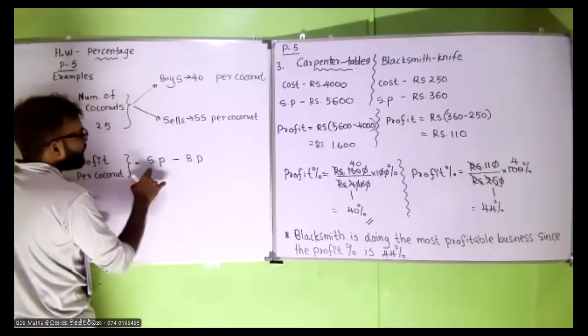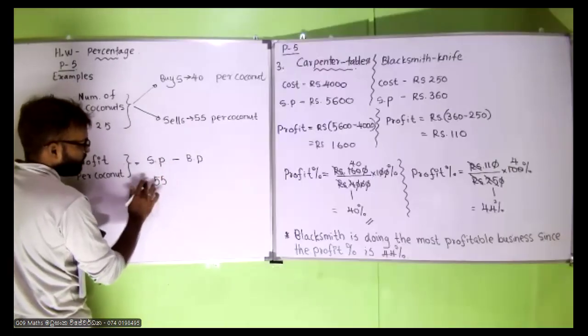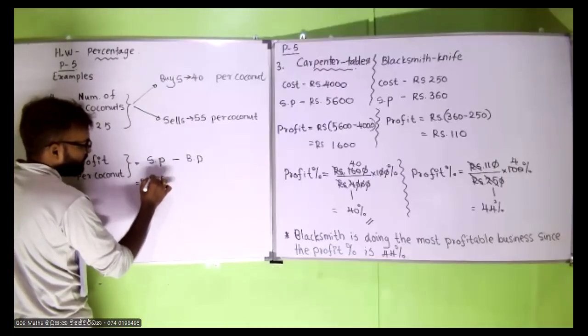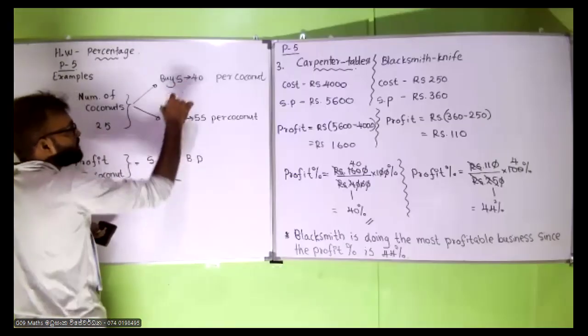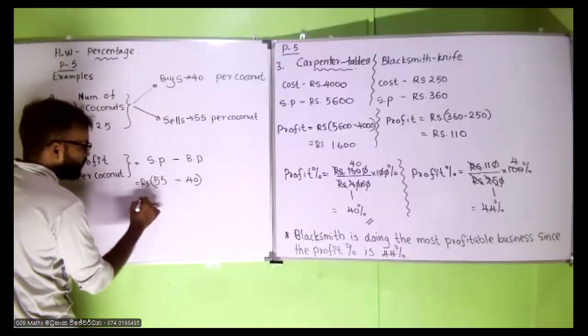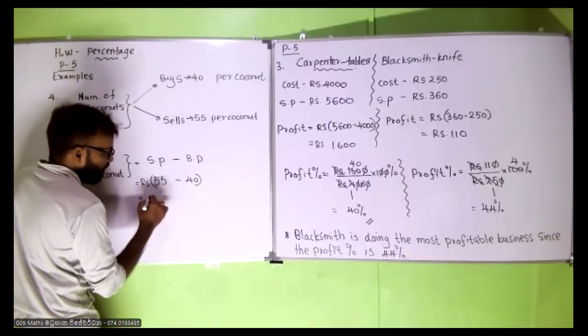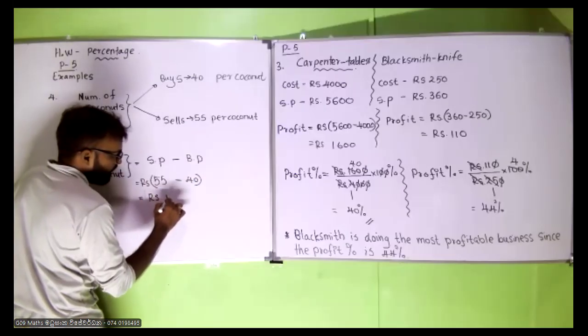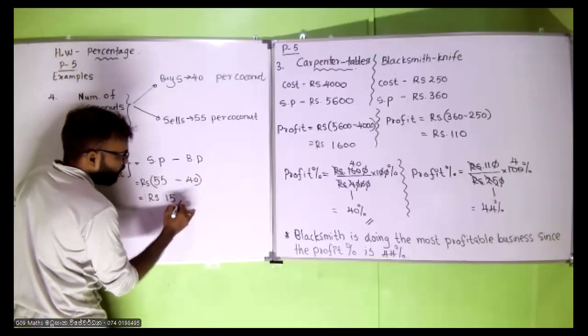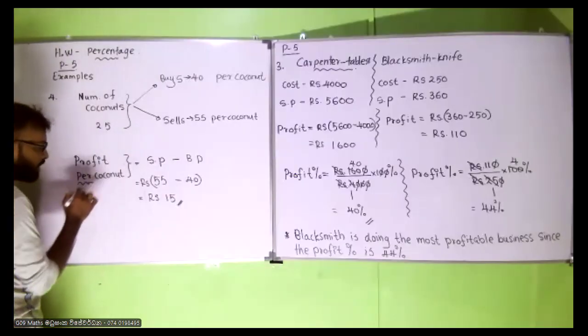Selling price of a coconut is 55 rupees, minus buying price, which is 40. So by selling one coconut, you are gaining 15 rupees profit, per coconut.